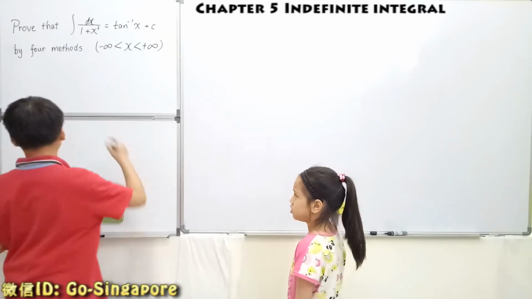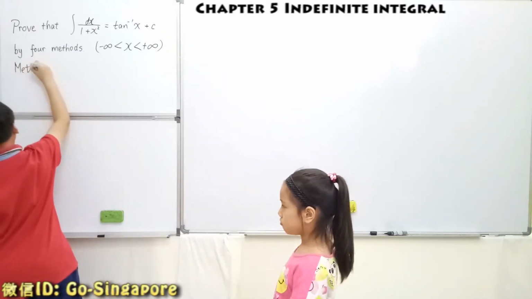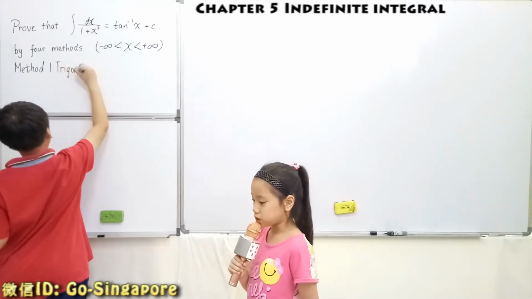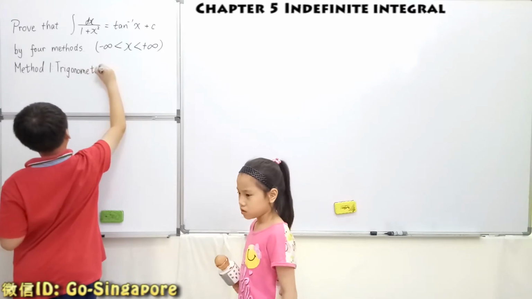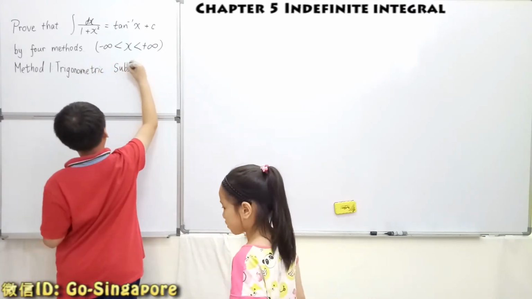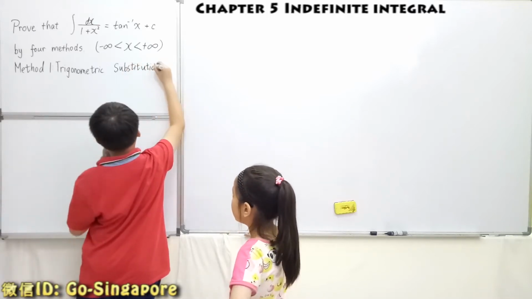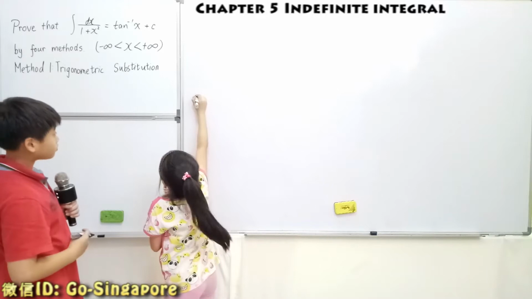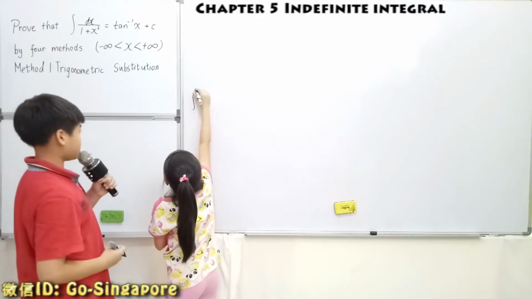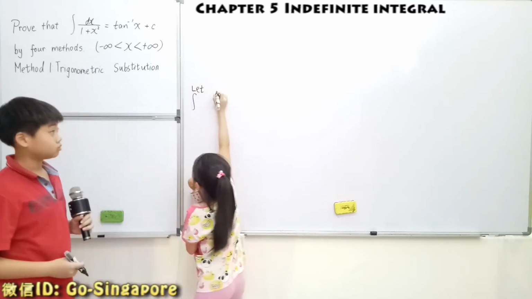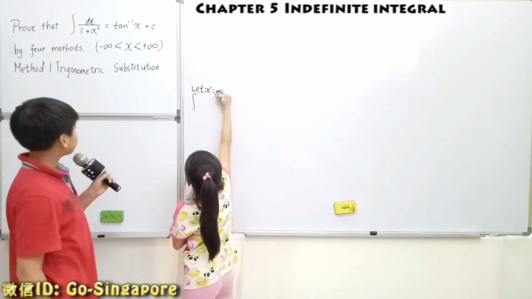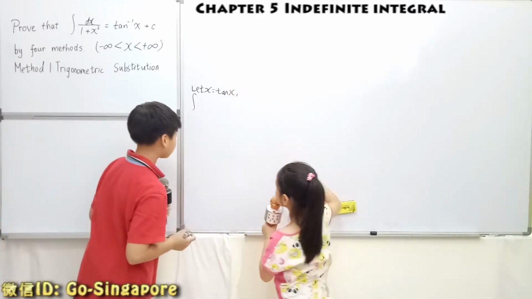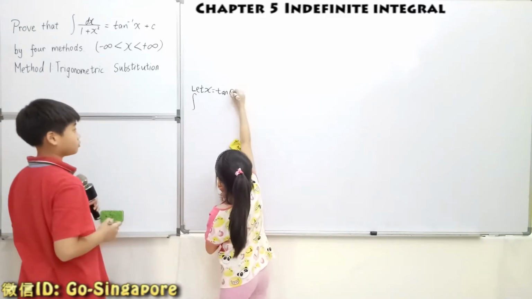So the first method is trigonometric substitution. Firstly, we'll let x be tangent theta.